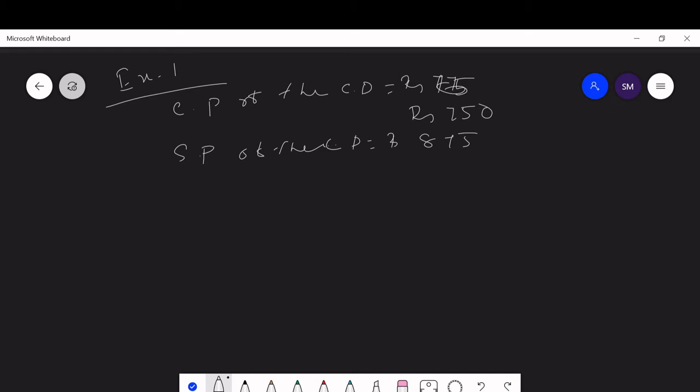We have to find the gain percentage. In this case, the SP is greater than CP, which means in this transaction we have profit.